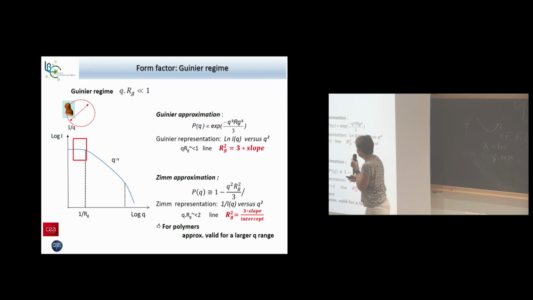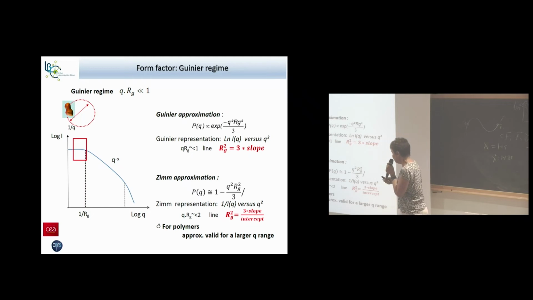There is another approximation of the form factor. The form factor can also be derived this way. And now we use what we call the Zimm representation, that is the inverse of the scattering intensity versus Q squared. It's also a straight line. And the radius of gyration is equal to 3 times the slope divided by the intercept.